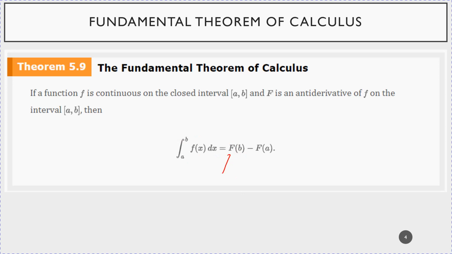Just so we're clear, capital F is the antiderivative of f of x. Once you find that, you plug in first the upper limit of integration, and then subtract the antiderivative evaluated at the lower limit of integration, those a and b.